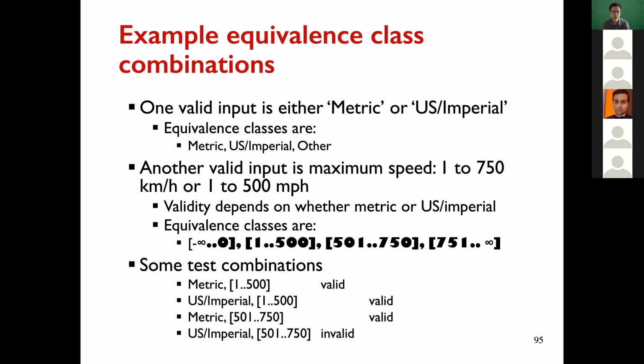And we also consider the US imperial from 1 to 500, right? We'll also consider metric from 501 to 750, and we choose US imperial from 501 to 750. These are just some of the test combinations. We should also consider invalid inputs: a value smaller than 0 or a value larger than 750, okay?